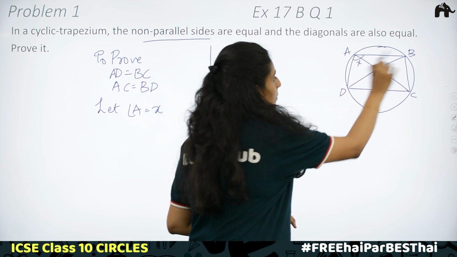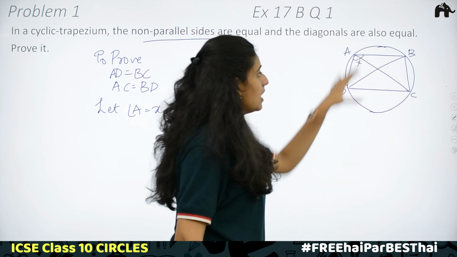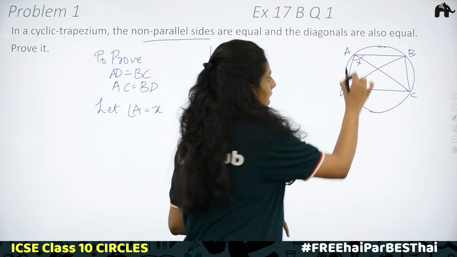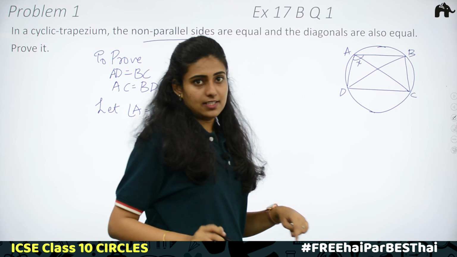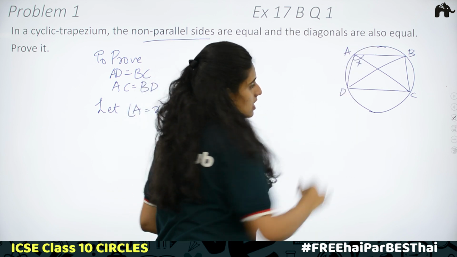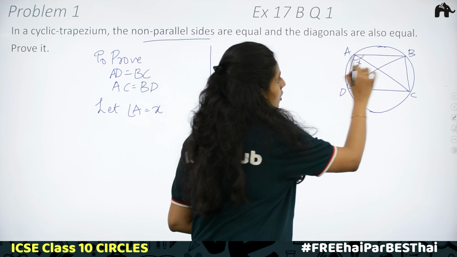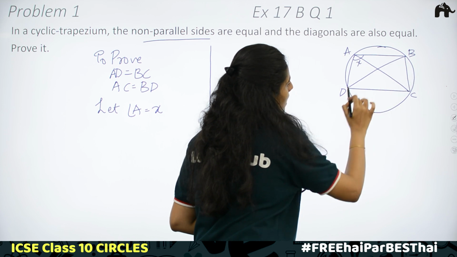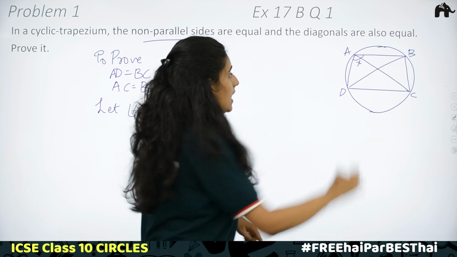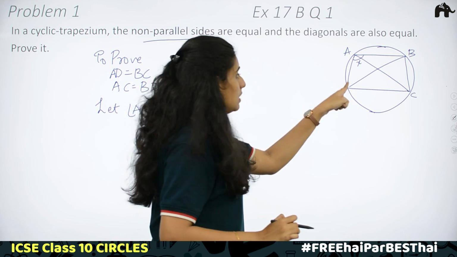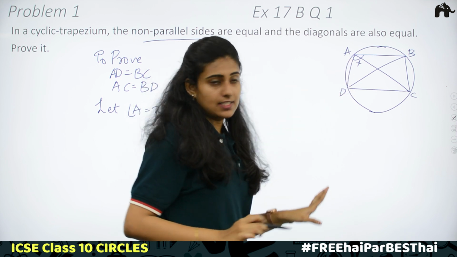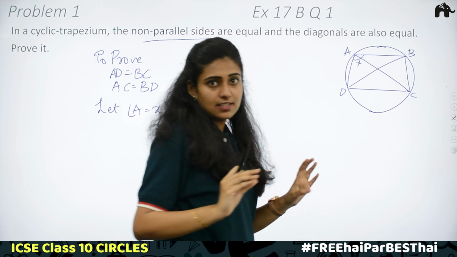If they are parallel, then angle A and angle D will be co-interior angles, with AD a transversal for lines AB and CD. What are co-interior angles?